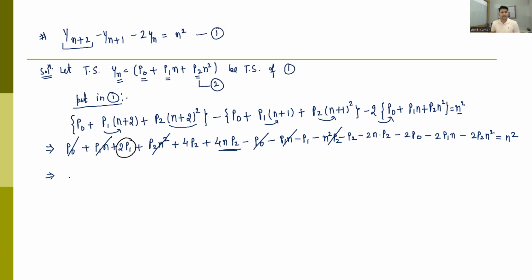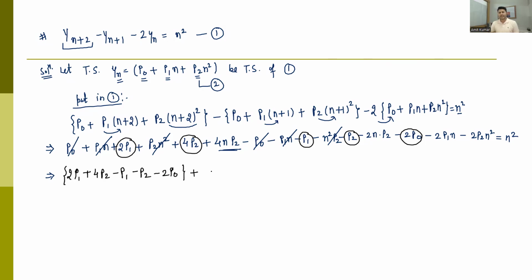So this is 2P1, purely a constant term. 4P2 is also constant, so plus 4 times P2. And another constant, yes, minus P1. Is there any other constant? Yes, minus P2, minus twice of P0. So these are the constant terms that we get.